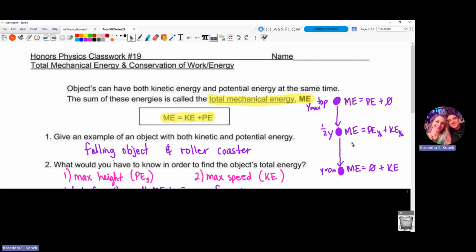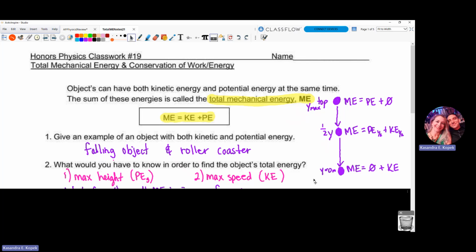As the object continues to fall closer and closer to the zero level, or the y of 0 meters, the potential energy is going to continue to decrease and the kinetic energy is going to continue to increase to where it all converts from potential, which is why you see zero potential here, and all kinetic energy.